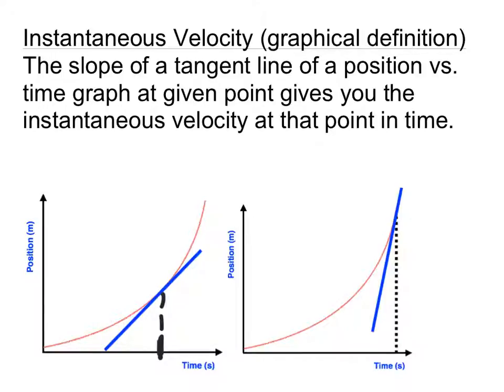Likewise, a few moments later in time, notice how my dotted line has moved forward, I have a steeper blue line, so that just means it's going faster. Also note that both lines are positive in slope, so we can tell that the object is moving in the positive direction.